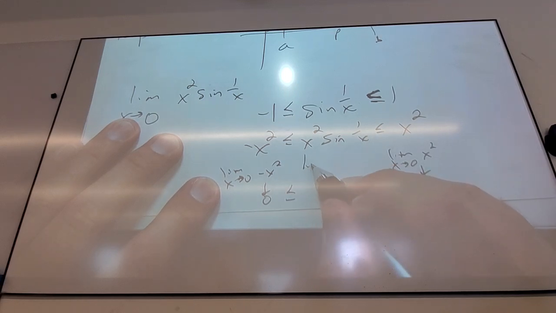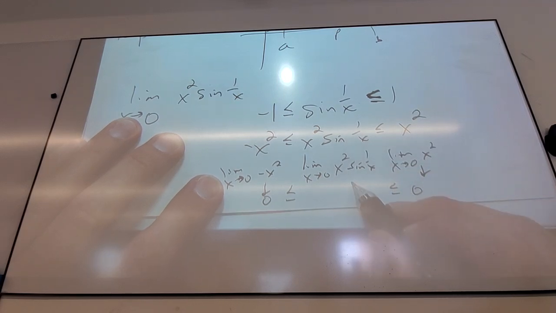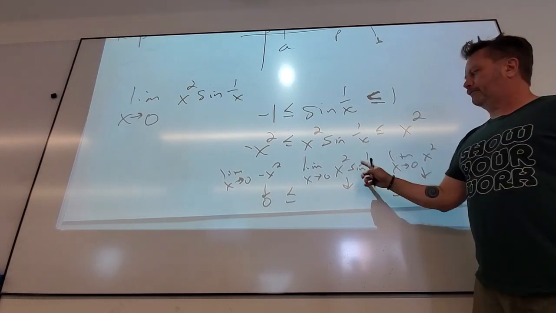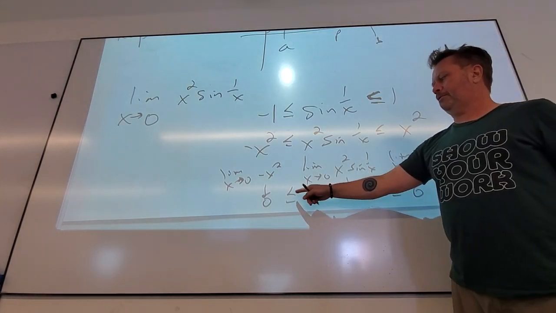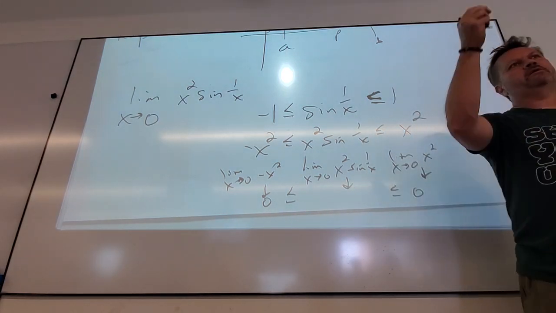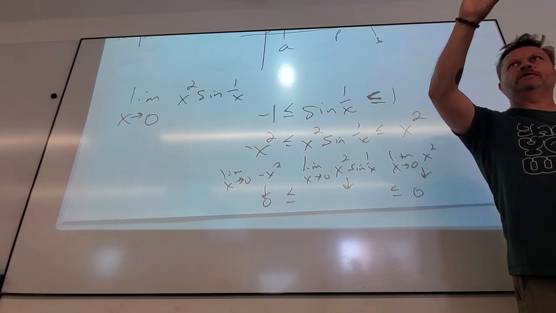Therefore, what's the limit as x goes to 0 of this gotta be? Since it's caught between, it must be 0. So the limit of our function is at the same time greater than or equal to 0 as it is less than or equal to 0. So the only thing it could be is 0. All of its options have been squeezed away. Yes?